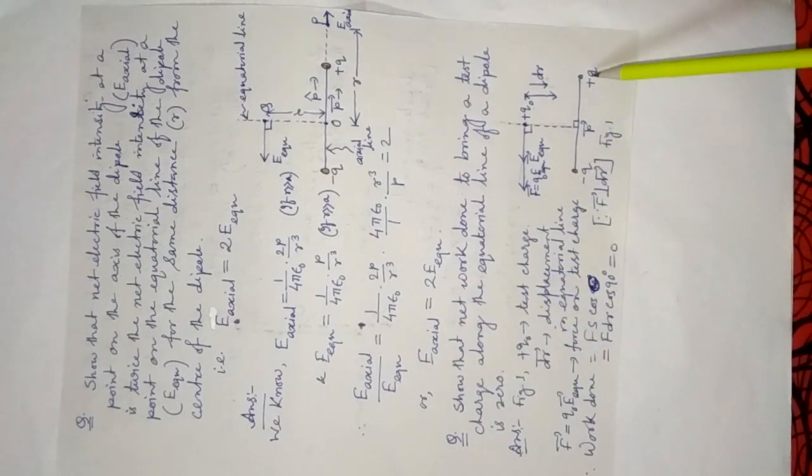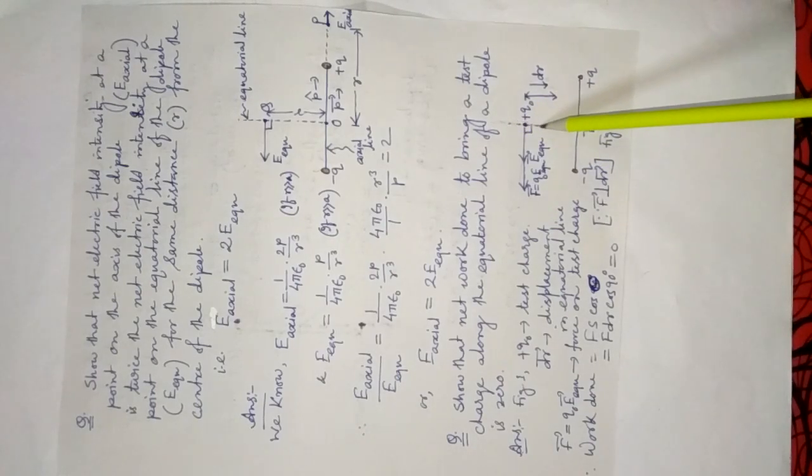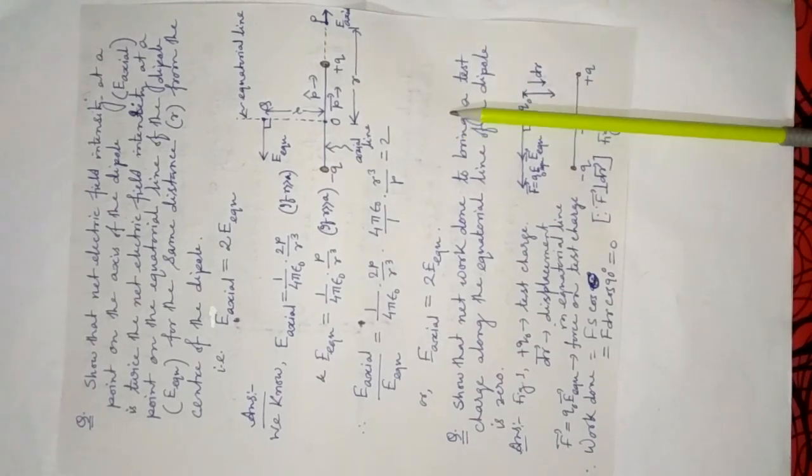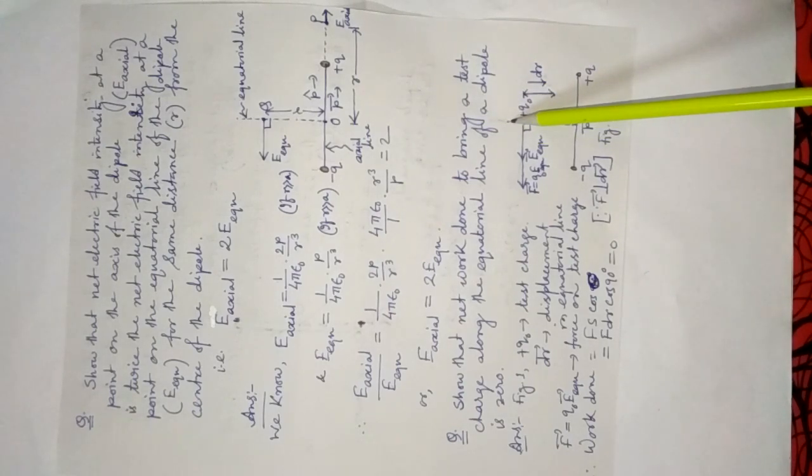Minus q and plus q are point charges, this is the axis, and this is the equatorial line. Now we are going to find out that if you bring a test charge, which is always positive, suppose plus q naught, along this equatorial line, you have done 0 work. How?